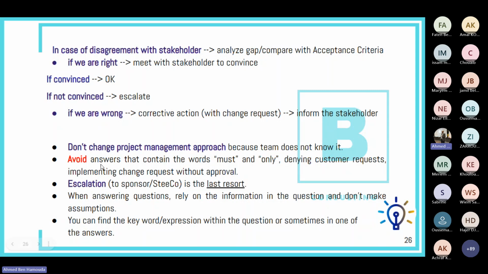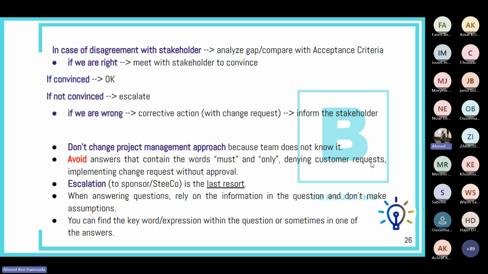We recommend that in the exam you avoid picking answers that contain strict words such as must or only. Usually answers with terms such as must or only are not the right answers, because PMI doesn't appreciate imposing. Also avoid answers that include denying a customer request.